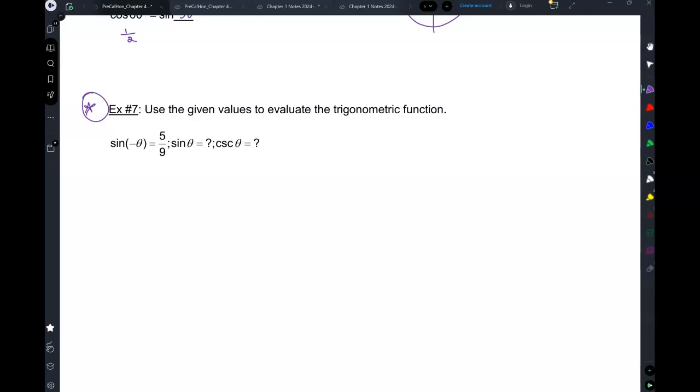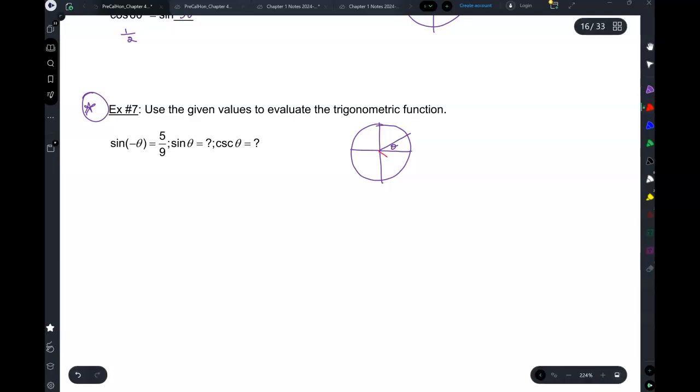Okay, so let's think about this for a minute. This is the unit circle. Suppose you have an angle theta, like 30 degrees, 50, whatever. Where would negative theta be? Right here.